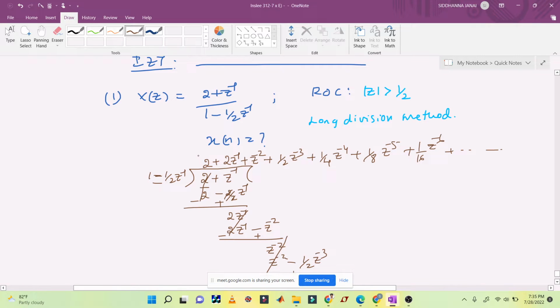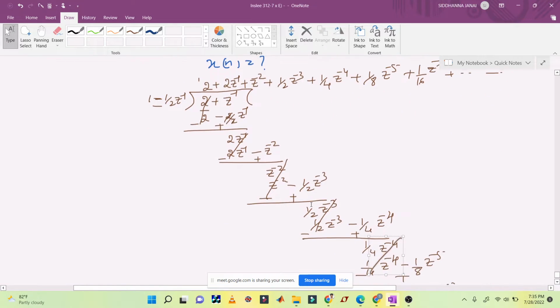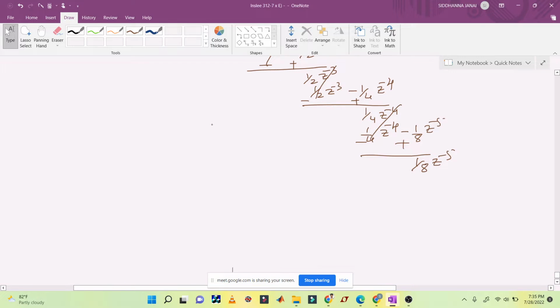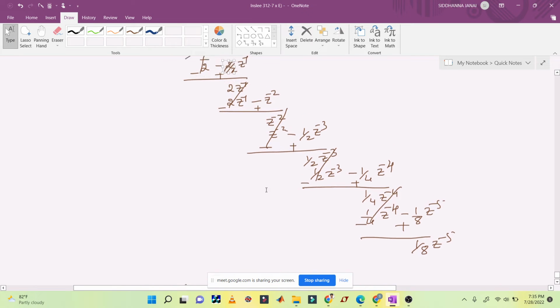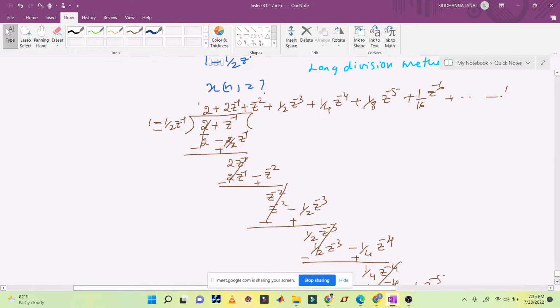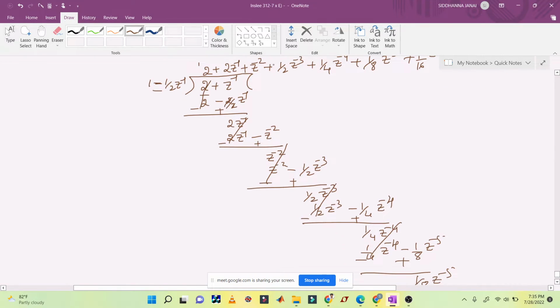So this is our simplified sequence after long division method. So what we get here is x of z is equal to, the simplified version of it is 2 plus 2z inverse. Let me write it over here.